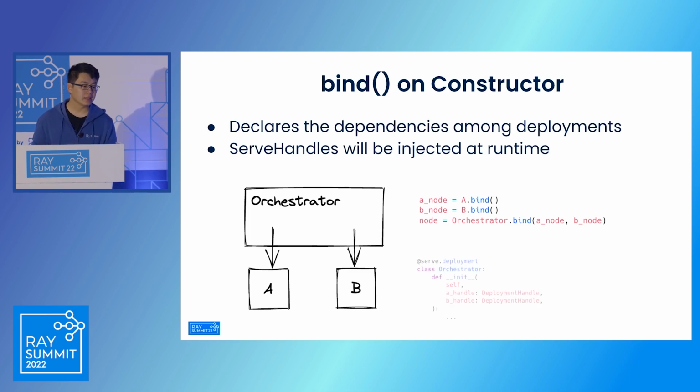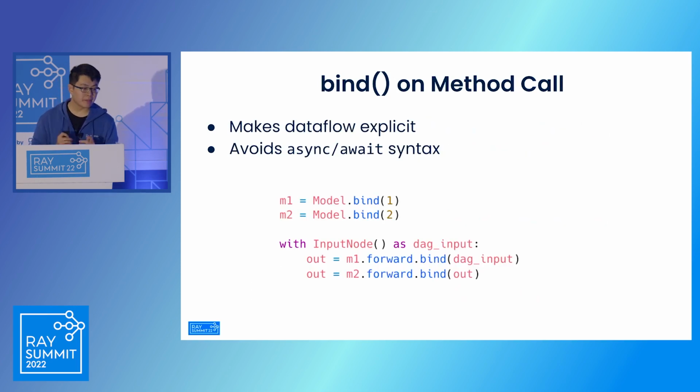In the init function of the orchestrator, we're not giving you the deployment anymore, but rather just the handle that you can directly use to call the models. So bind on init helps you create these dependencies and makes them easy to see and visible.